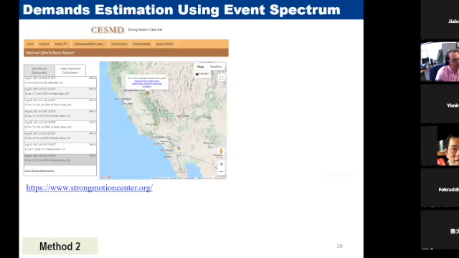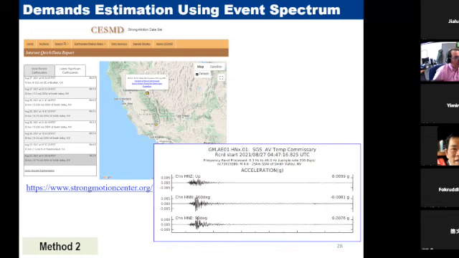There are several agencies in the US that use the dense array of seismometers that we have to produce data after the earthquake. One that we use in this study is the CESMD database.